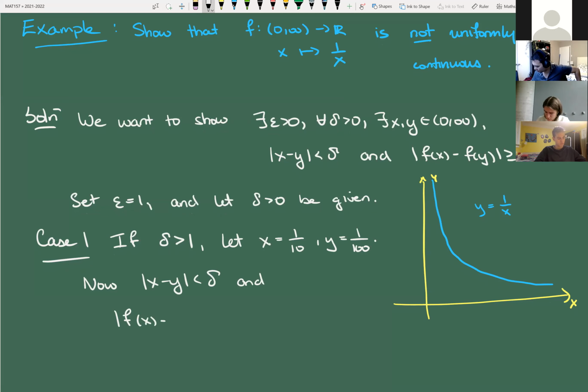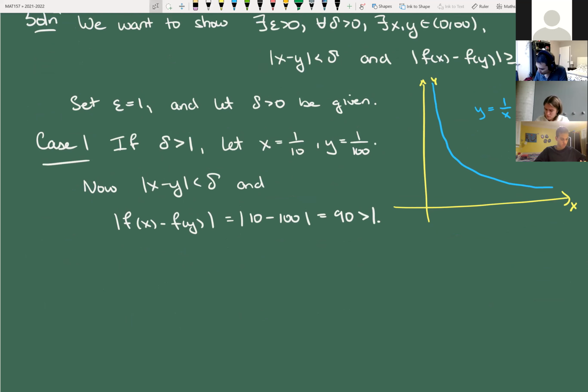And f of x minus f of y is 10 minus 100, which is equal to 90. That's definitely bigger than 1. So that's kind of the dumb case. You're allowed to move pretty freely, so we're just going to choose 2 numbers which definitely break the epsilon equals 1 band, by choosing them really close to 0.